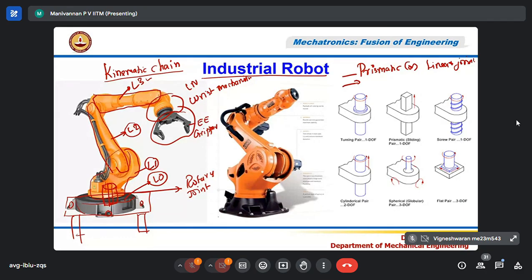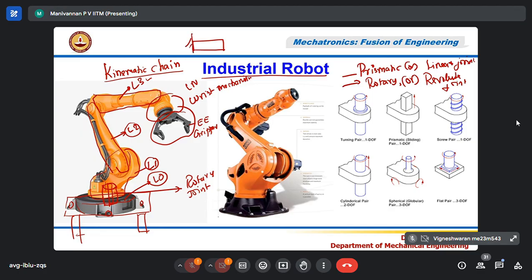The second type of joint is called a rotary joint, or revolute joint. The prismatic joint provides linear motion between 2 links. For example, I am drawing here, you can see that this is one joint link.